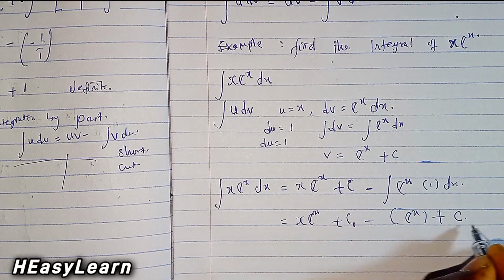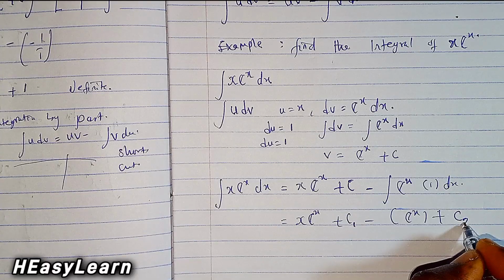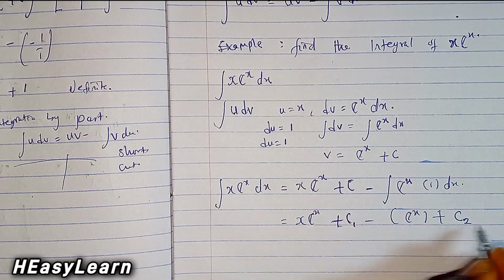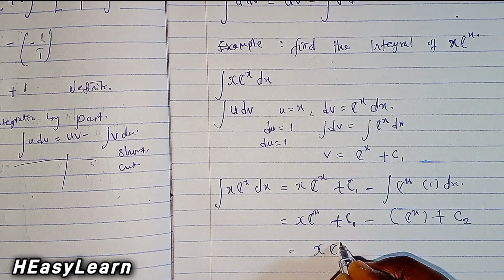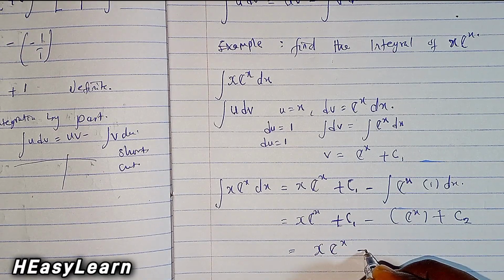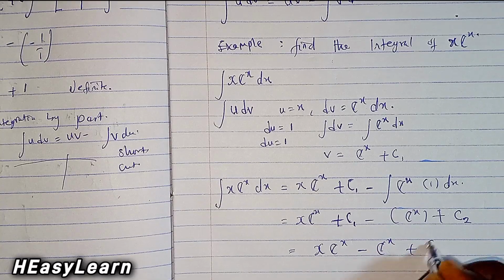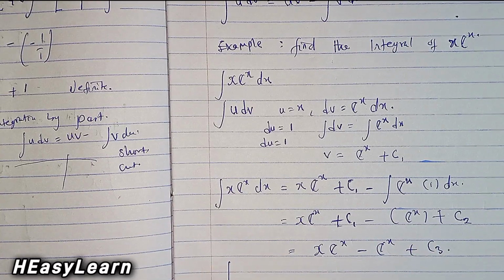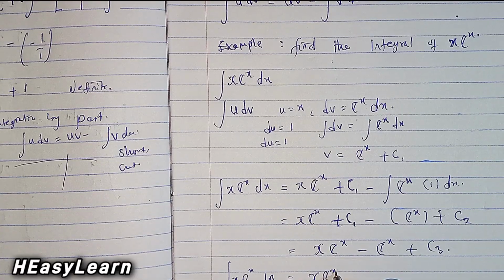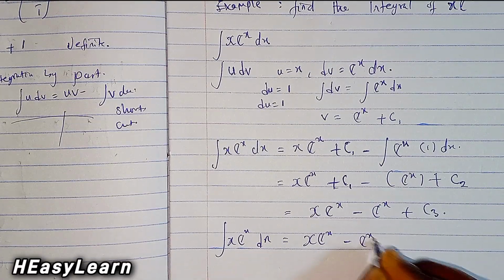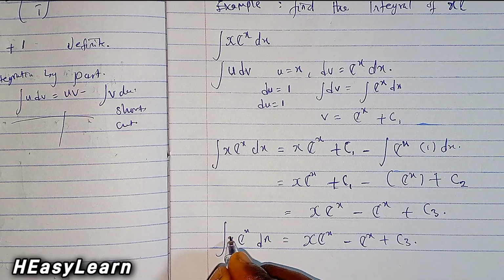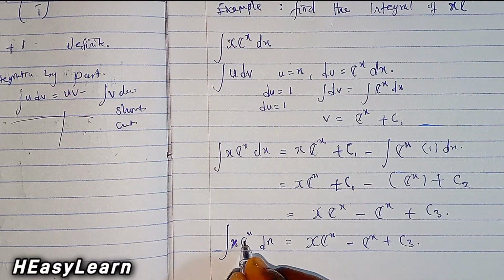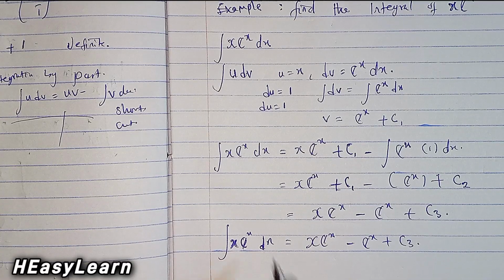Let's say this is c1 and this is another c2. When we add the two constants together, we have another constant. So the integral of x exponential x dx equals x exponential x minus exponential x plus c3. This is the integral of the product of the exponential x function and the polynomial x.